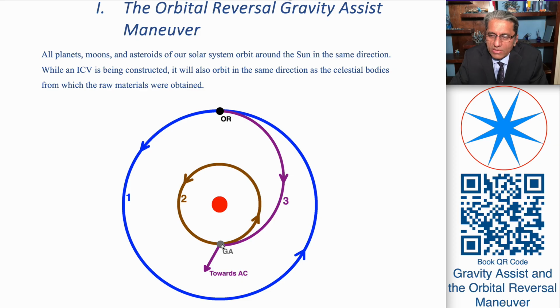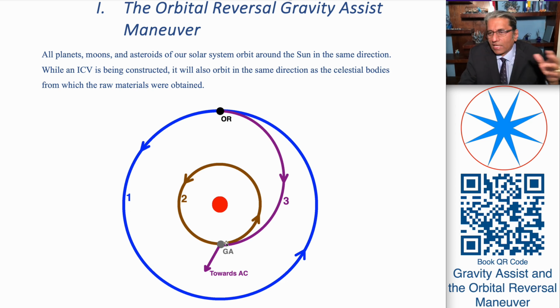And then, if this is the orbit of Venus, it's going to approach Venus in the other direction from which Venus is traveling.